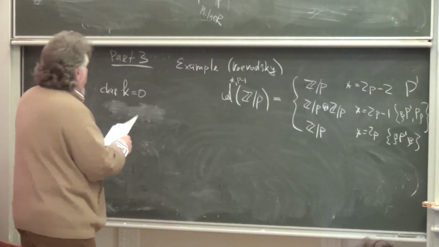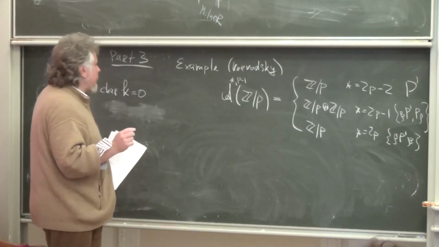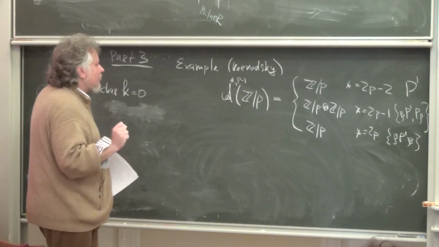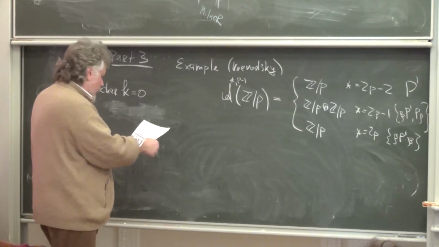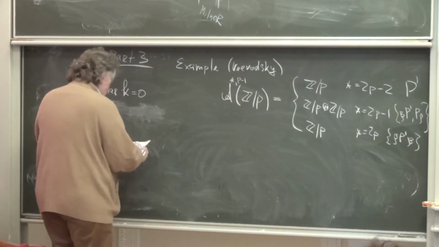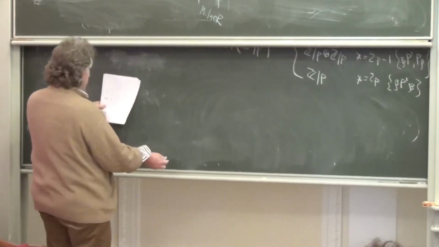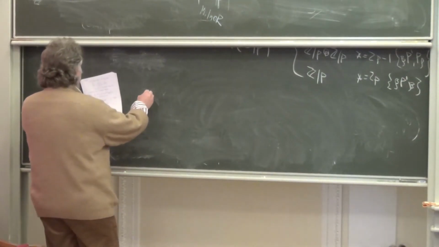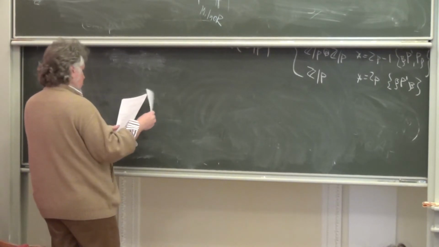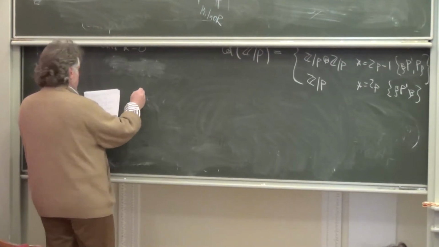So here I just want to hide from you some part of my computations and my arguments. I just show you the final result. The final result is the following.